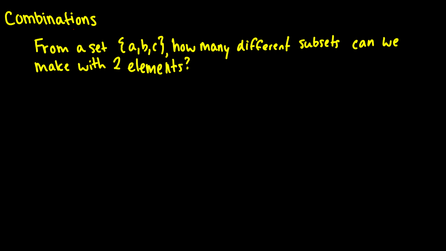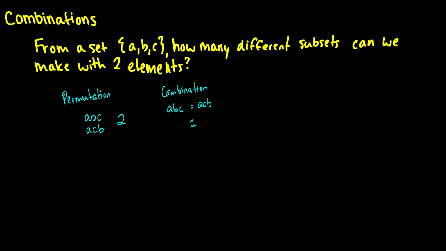For instance, in a permutation, the order ABC and ACB are different. But in a combination, if we have ABC, it is going to be equal to ACB. They are the same thing.